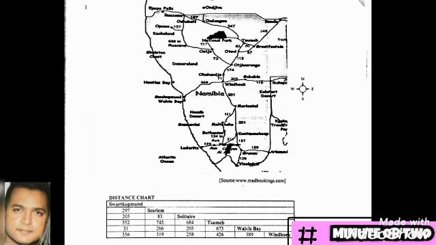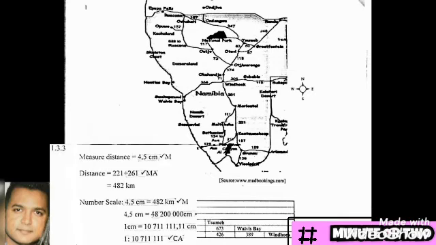So we know now our values would be the amount on the map, 4,5, is to the amount on the actual distance, which is 482, and we can present this as a scale.